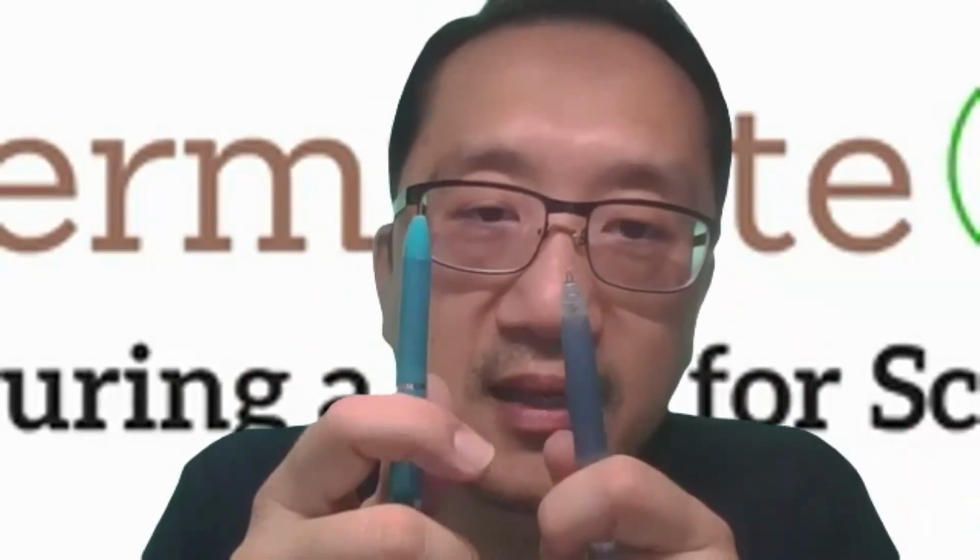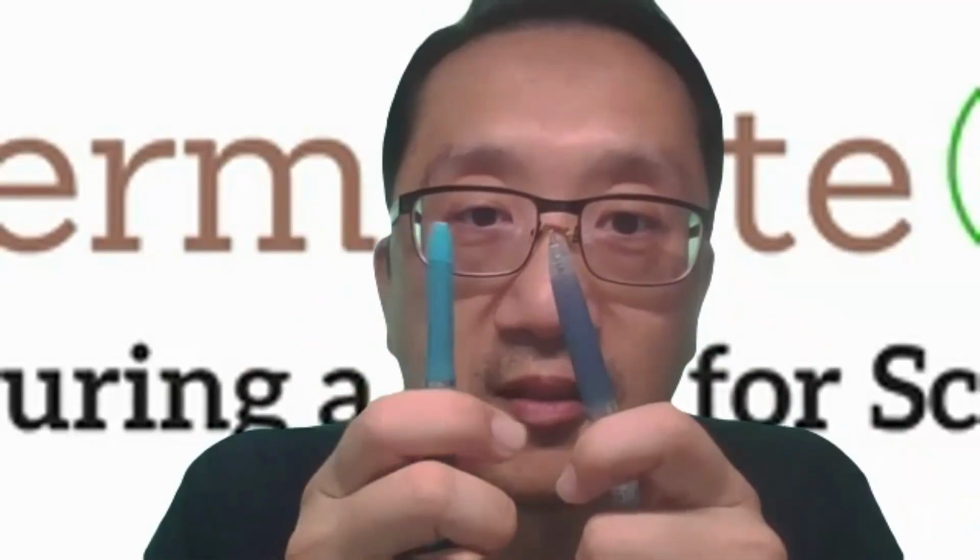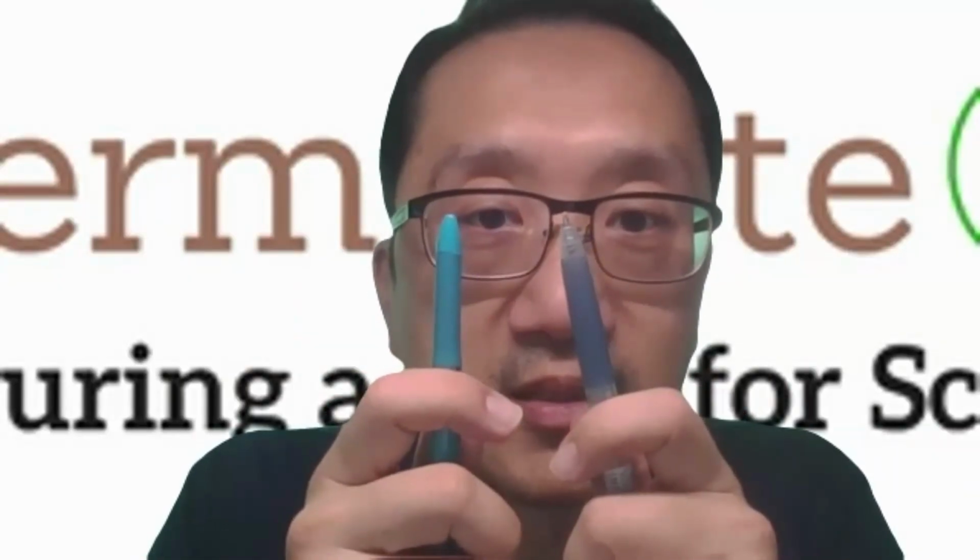That is actually comparing one factor. But if you look closely and think about it, what we are comparing here is actually two factors, because we are talking about two different things. So by right, my comparison should be using two factors. That means my right hand has the green pen, but my left hand has the blue pen.